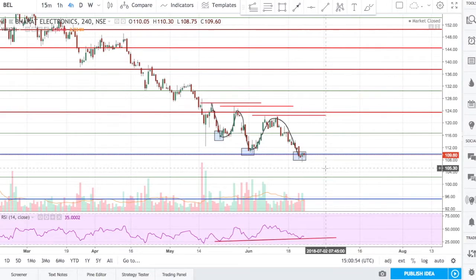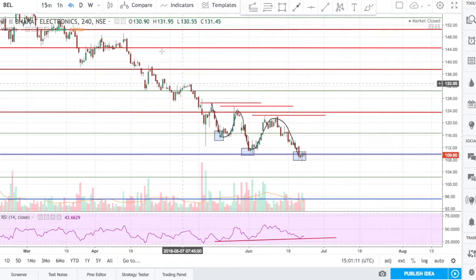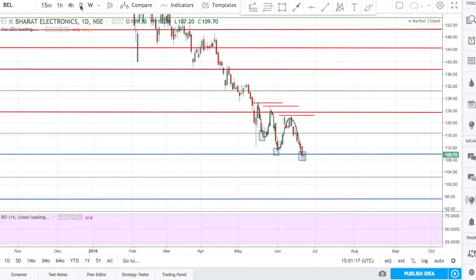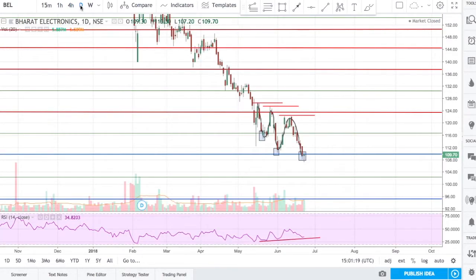Please remember that the more time frames on which we have divergence, the better the probability, which means higher the probability to win the trade if we have RSI diverging on the 4-hour chart as well as on the daily chart. This is how the chart looks on a daily time frame.